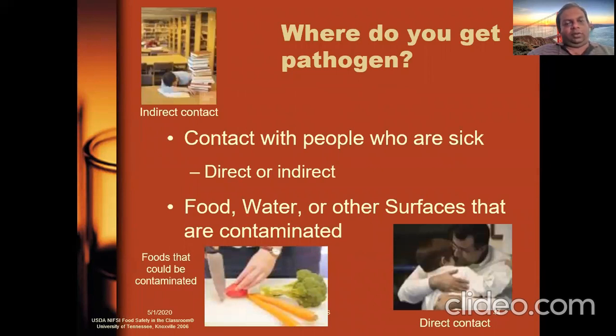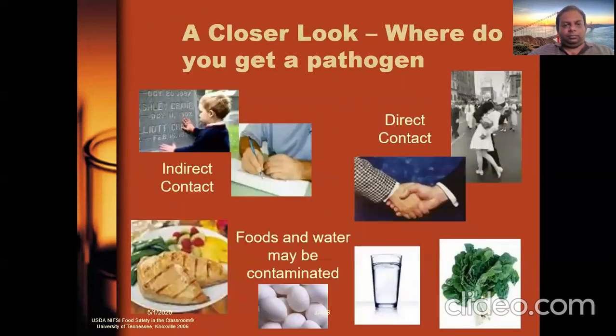This is how they get the pathogens, by direct or indirect modes. This is the chain of infection, how it is happening. Nowadays, regarding direct contact, you all wear face masks, gloves, and so on.